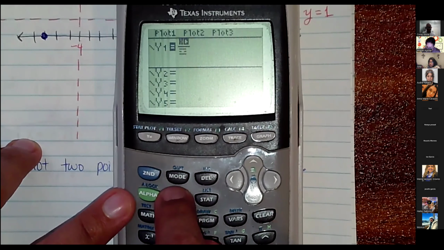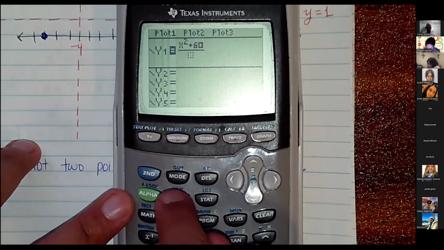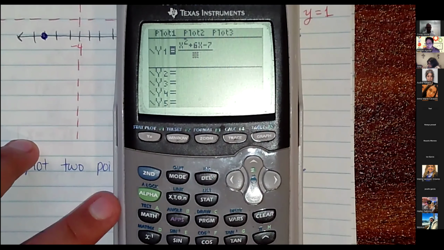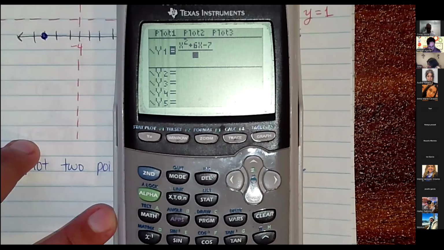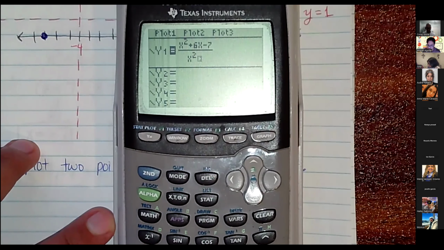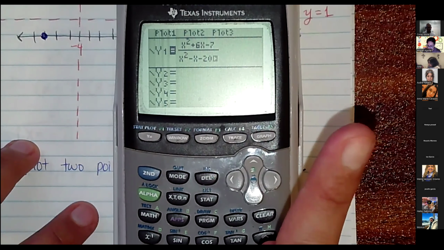So I'm going to put x squared plus 6x minus 7 so that my numerator looks exactly like what I wrote down. Then I need to type in the denominator, which is x squared minus x minus 20.